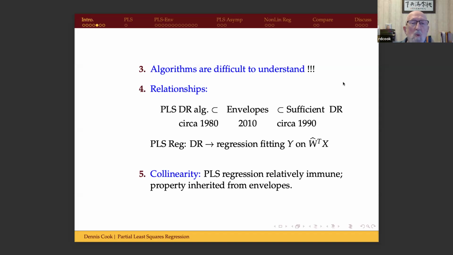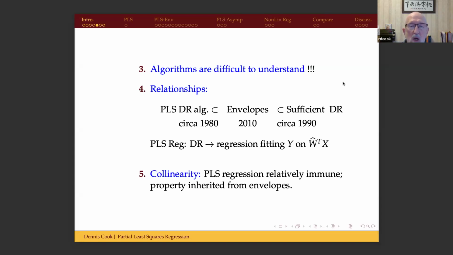So now, with that series of containments, there are a lot of things we can say about the partial least squares dimension reduction algorithm because it inherits properties from sufficient dimension reduction and from envelopes. And it's that direct connection that starts to open the door to understanding what partial least squares regression is doing.